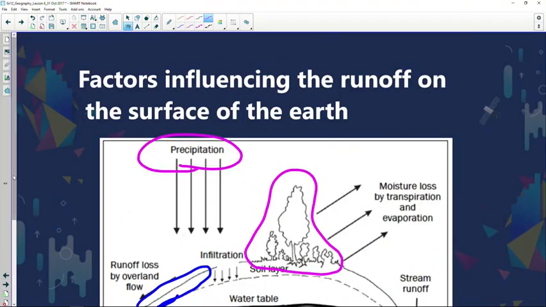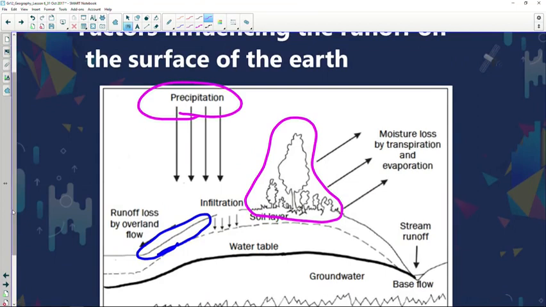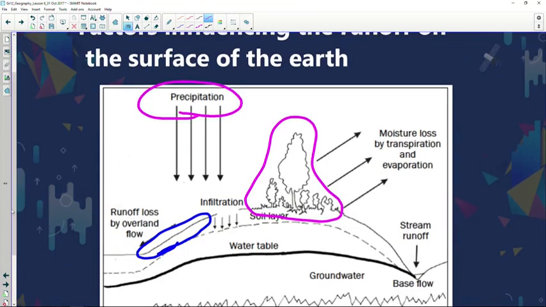So if you look back at this diagram, you will notice where the plants are, there's going to be less surface runoff. There's less water on the surface, but rather underground runoff, and it will lead to base flow.